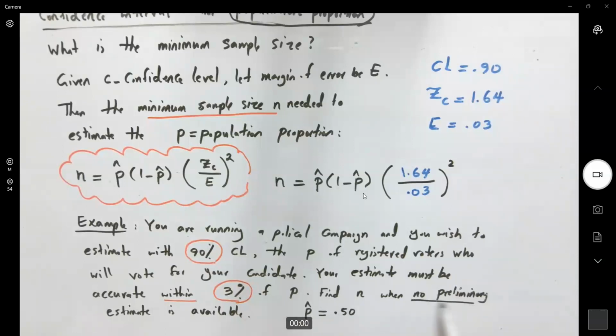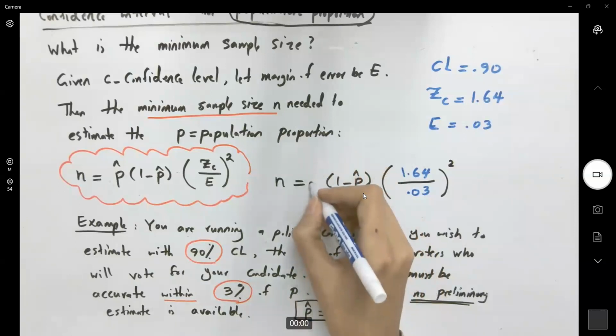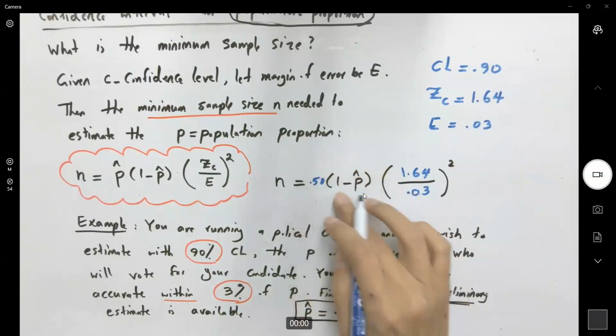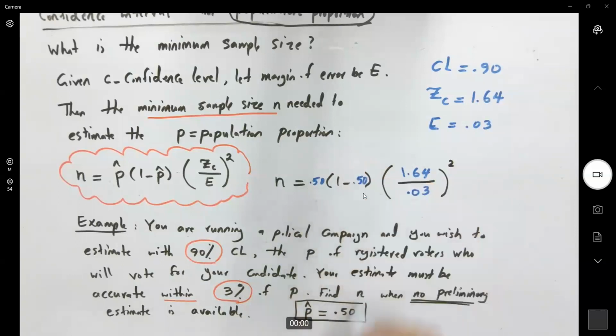So when no preliminary estimate for your point estimate is given, this is always fixed. Half of the sample is success. So p hat is 50%. This is the rule that we have. So let us plug that in: 50%, and 1 minus 50%, which is also 50%.